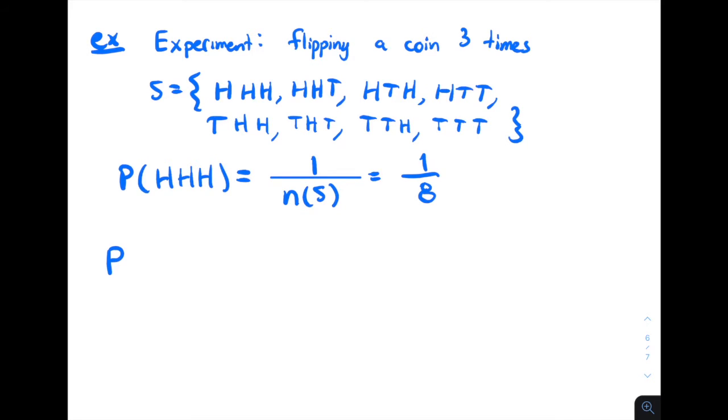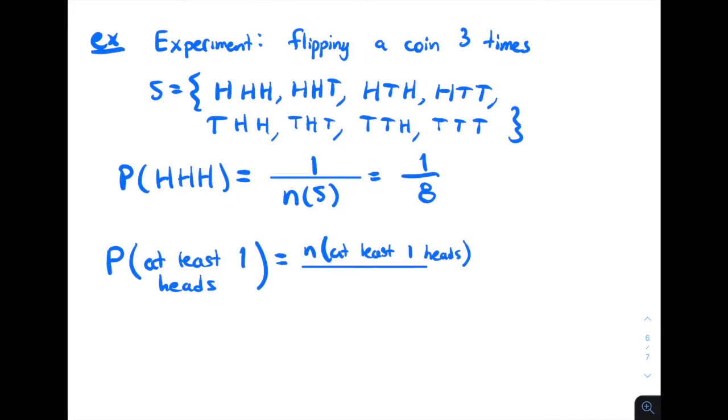If we were asked the probability of flipping at least 1 heads, then we would have the number of times we have at least 1 heads divided by the size of S. To calculate the size of the event of flipping at least 1 heads, let's look at our set of all outcomes and highlight which ones have at least 1 heads.